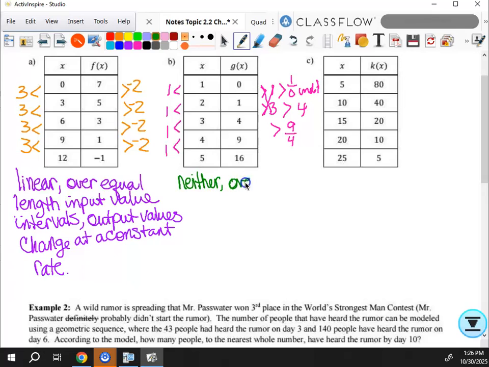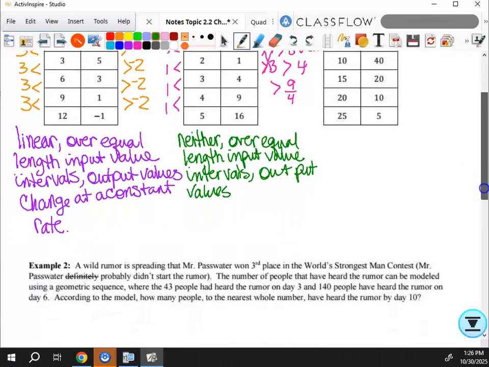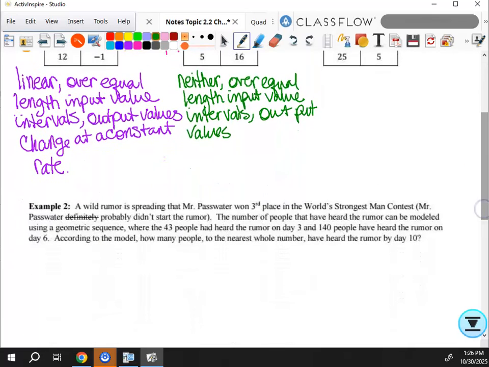Over equal length input value intervals, comma output values. Okay. So up to that point, with the exception of the word neither, the words would be the same on every single answer, okay?